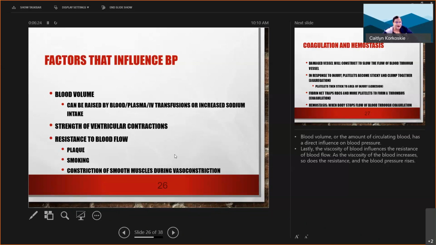And then resistance to blood flow, so plaque buildup, like from high cholesterol and also smoking. Anything that can basically constrict or block the flow of the blood is going to cause a resistance of the blood flow and then cause higher blood pressure.